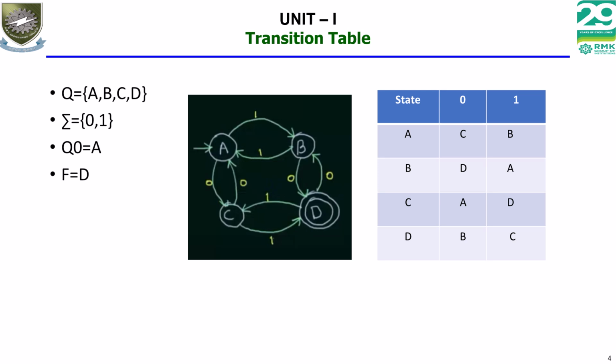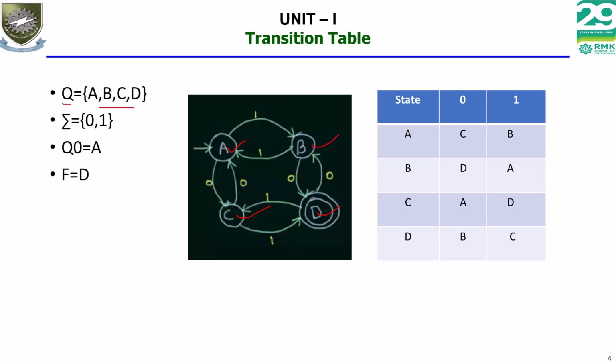Now we can see the transition table for the example. So here we have the example, and I already said the tuples of DFA. First we will take the tuple Q. What are the values for Q? That is the number of states. So A is the state, B is the state, and C is another state, and D is another state.